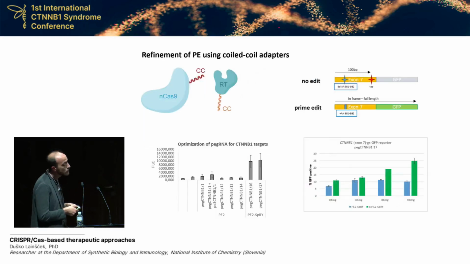And that's what we also did in our department. We wanted to split prime editors into two components. Due to our excellent knowledge of coils, we split the prime editor into two parts. The first part, the nickase, was fused with a coil, and the reverse transcriptase enzyme was fused with the adjacent partnering coil.